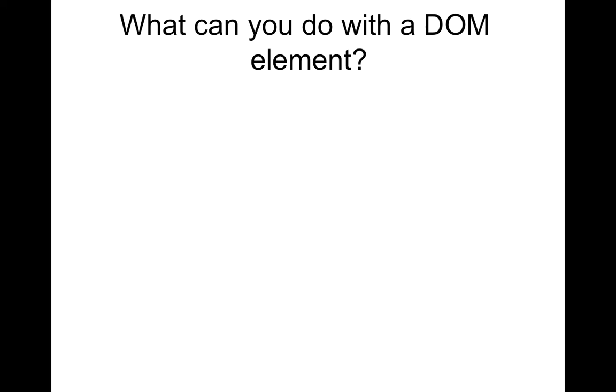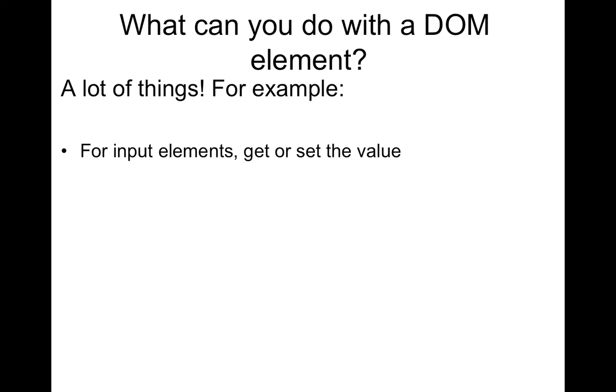So what do you do with it when you have it? A lot of things. So you can set or get values for input elements. For example, if you have a text field whose ID value is entry1, you can get the value of whatever the user typed into that field using this line of code.